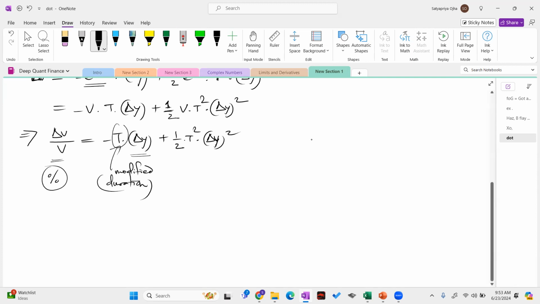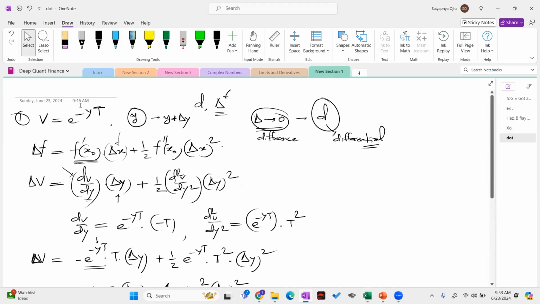And the same one comes here as well. In the second example, we'll see that the term that comes here is a tweaked or modified version of the duration. But please remember this: what kind of compounding is this? If I'm using this formula, is it discrete compounding or continuous compounding?